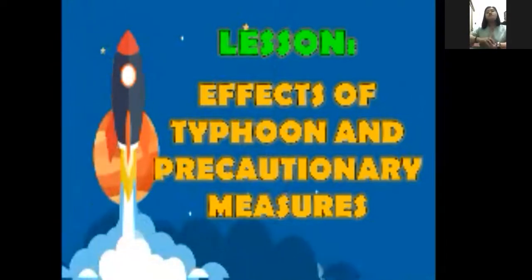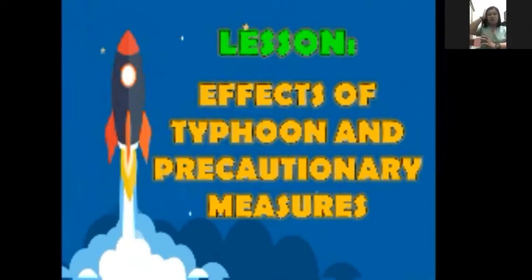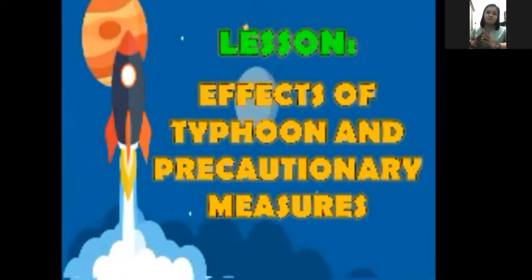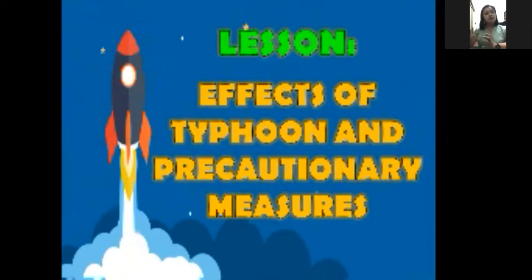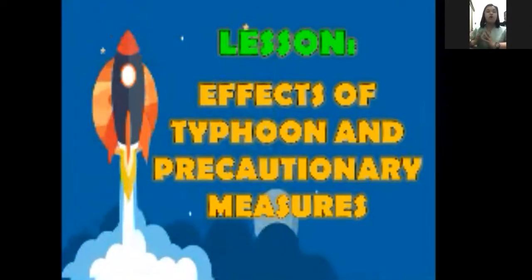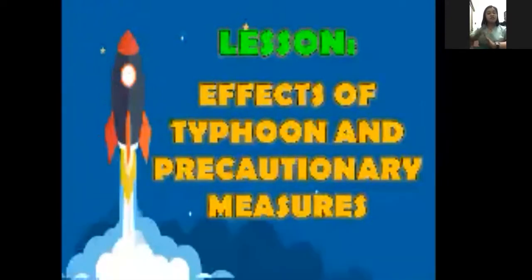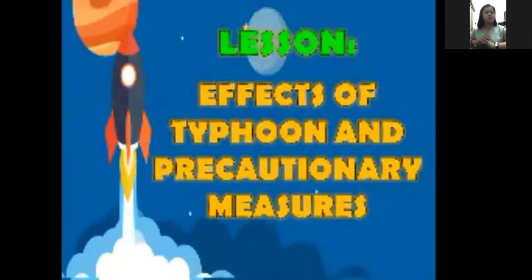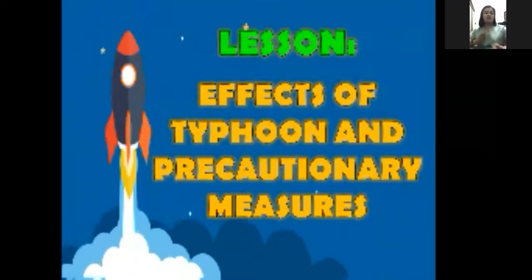First of all, when we say precautionary measures, what do we mean by this? Do you have an idea? Maybe you are thinking that precautionary means prevention, or the things that we need to do when we are experiencing typhoon, before we experience typhoon, or after we experience typhoon, or the effect of the typhoon.